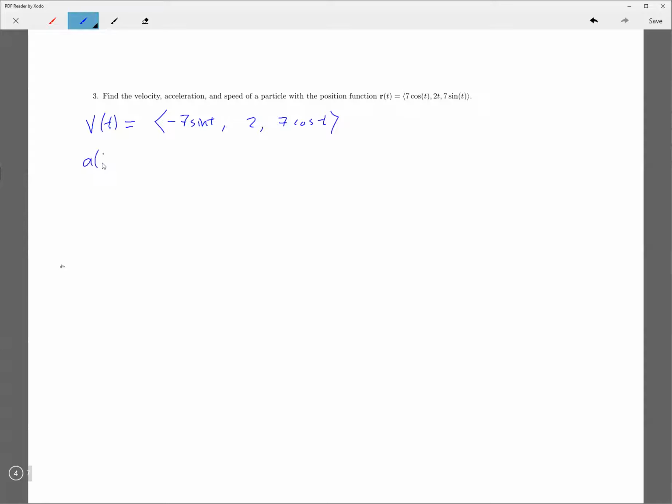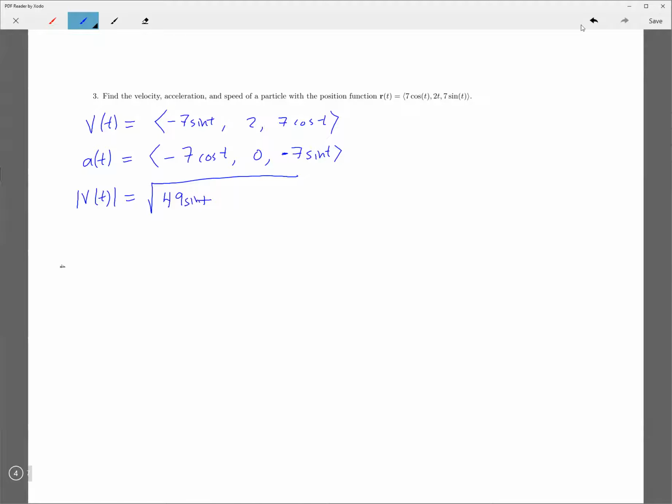And then the acceleration vector? Negative 7 cosine t, 0, and negative 7 sine t. Okay, and the speed?